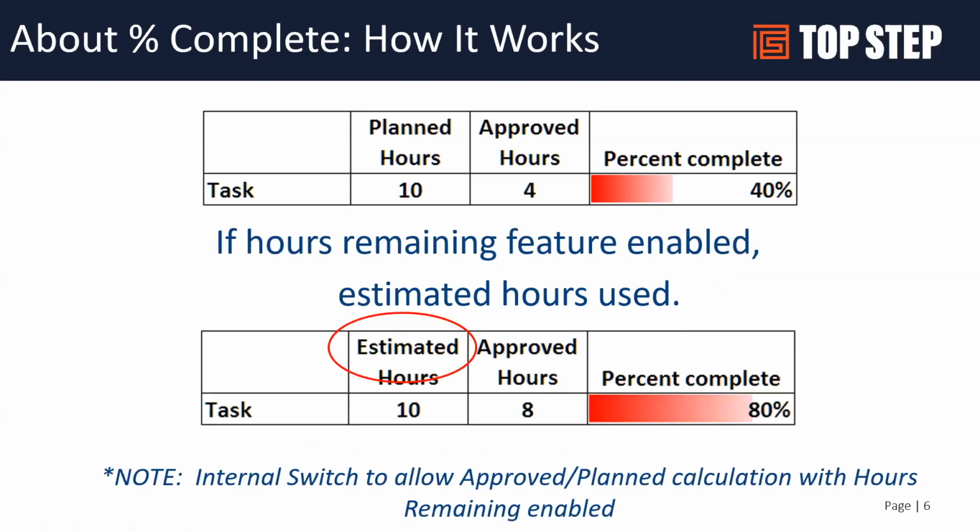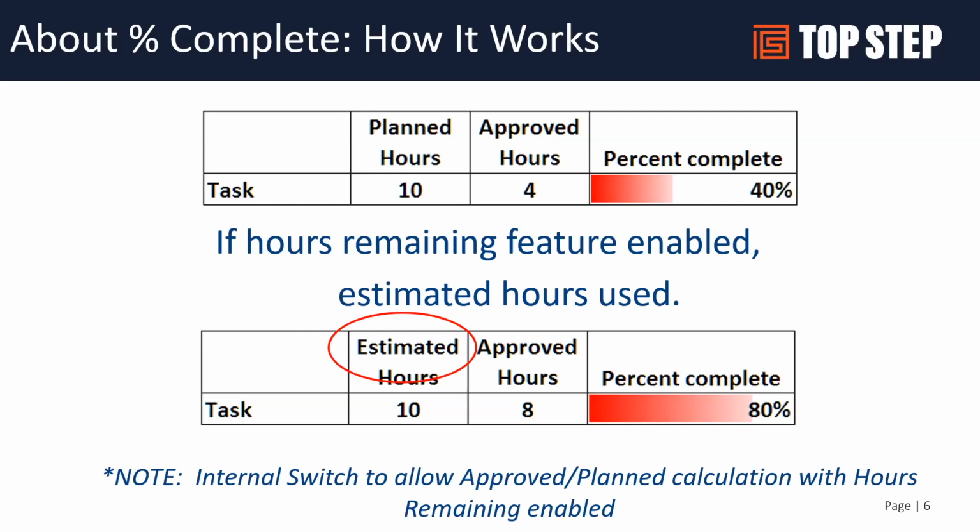There's another feature called estimated hours / hours remaining, and it's an alternative option to managing percent complete. The benefit of it is that you may have planned hours of 10 in this example, but maybe your estimated hours at the end are going to be 12.